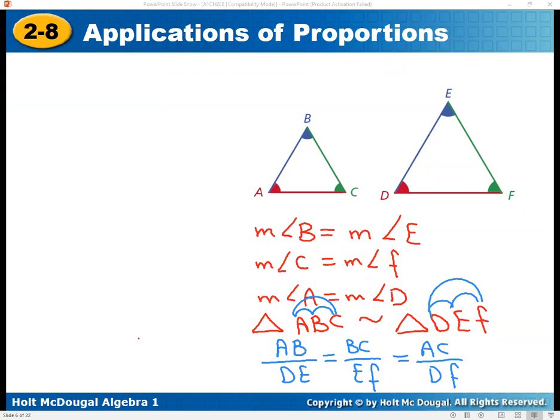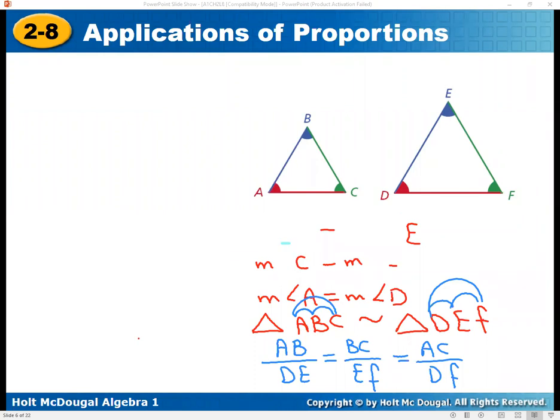For this reason, if you do not work in order when you determine the two triangles, you will get confused and you will not find the right answer. Then again, AB over DE, BC over EF, and then AC over DF. You got this point? Any question about this? No.